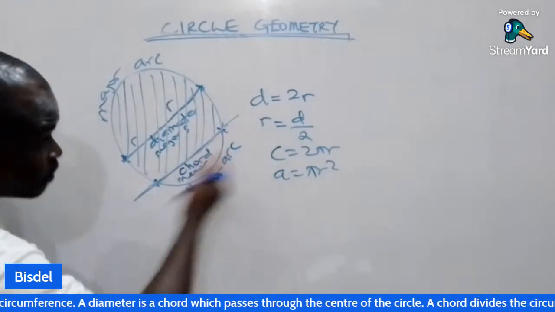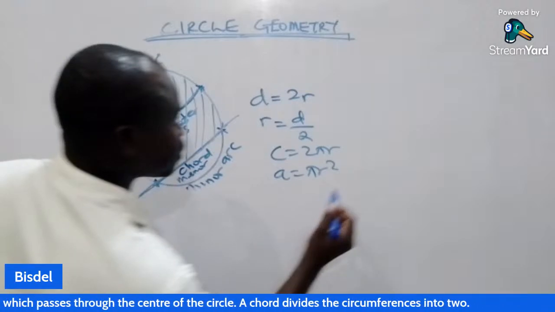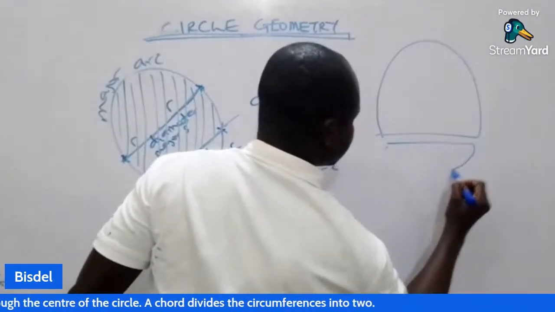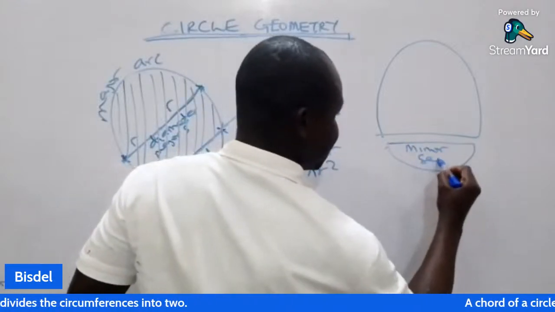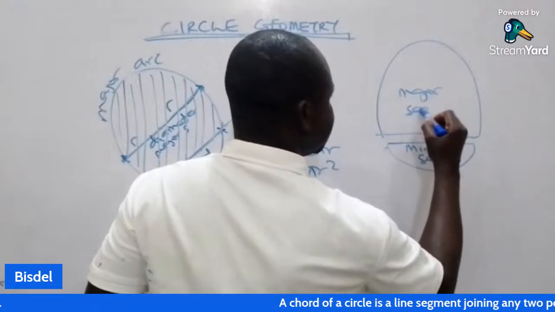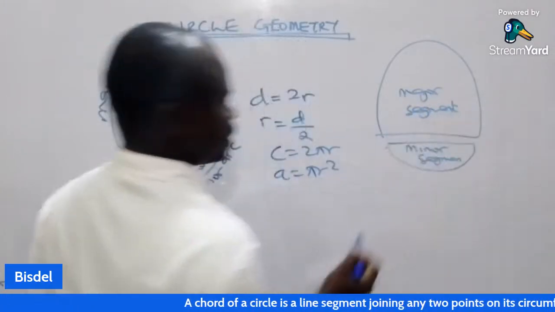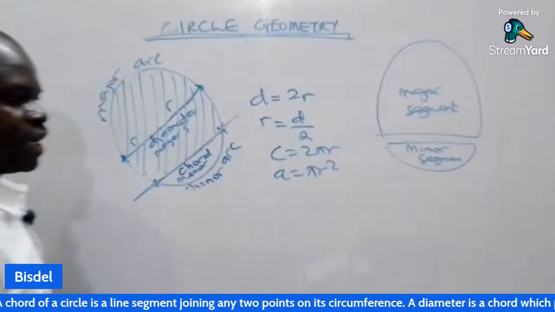When we divide the circle itself into 2, we have something of this nature, and the small one. This is called the minor segment, and this is called the major segment. So we should know the difference. The chord divides the circle into minor segment and major segment.